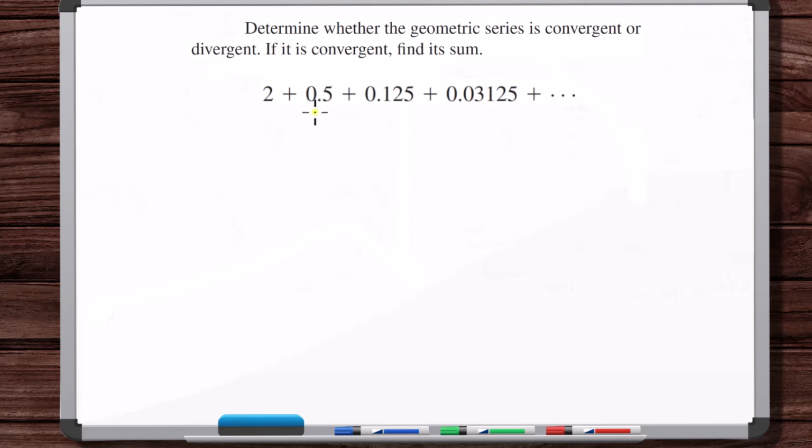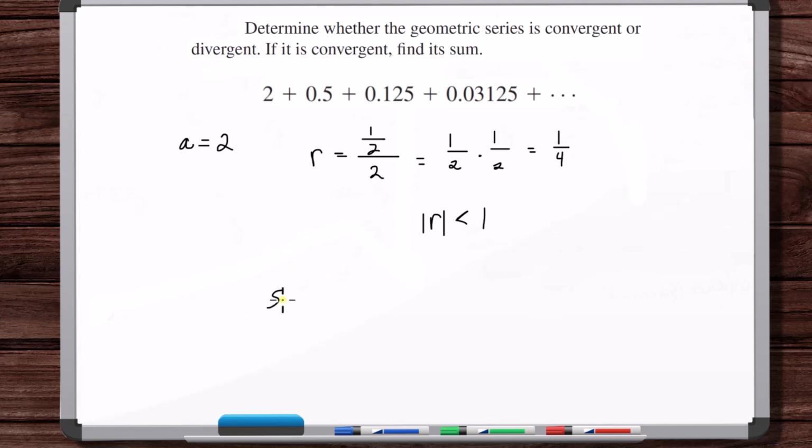Okay, same type of problem. They tell us this is a geometric sequence, and we can say the r is going to be negative 1/2 divided by 2, negative 1/4. Okay, so the absolute value of r is less than 1.